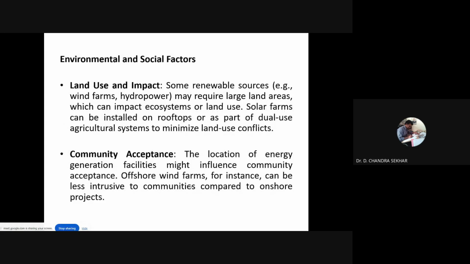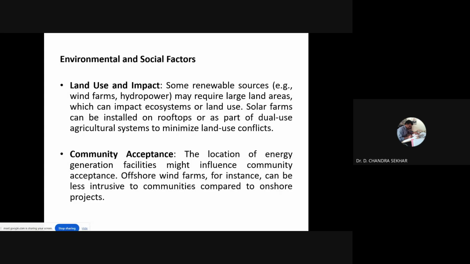And environmental and social factors, land use and impact. Some renewable sources, for example wind farms and hydropower, may require large land areas, which can impact ecosystems or land use. Solar farms can be installed on rooftops or as part of dual use agriculture systems to minimize land use conflicts.